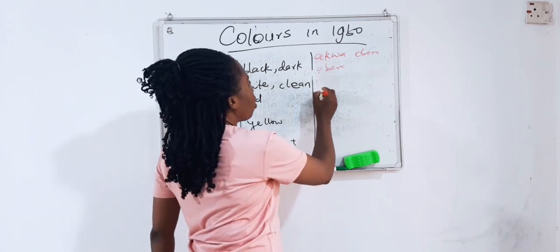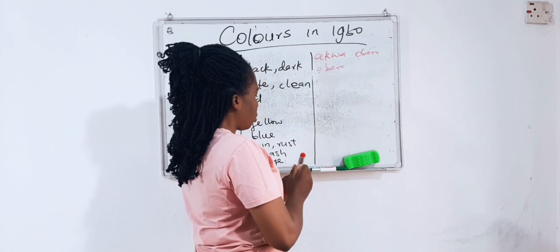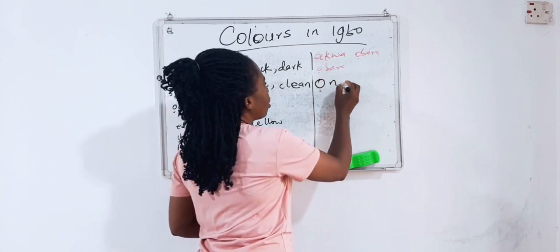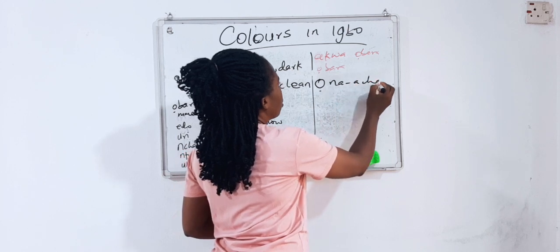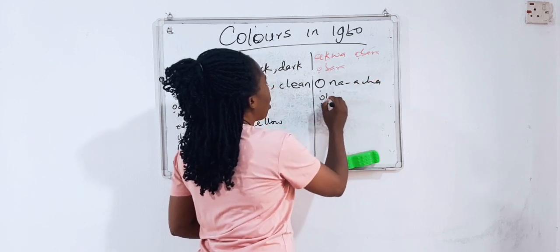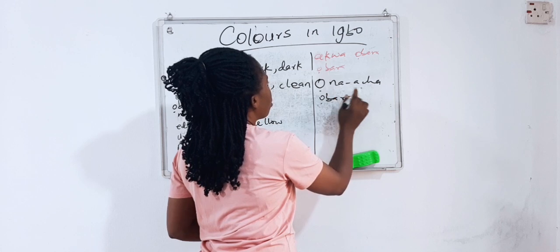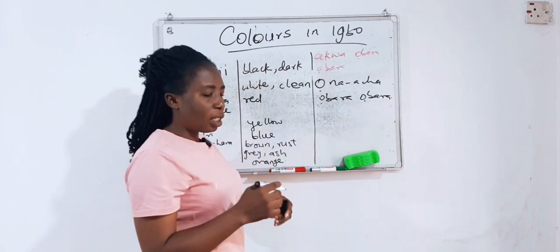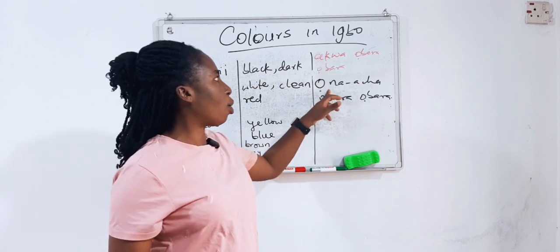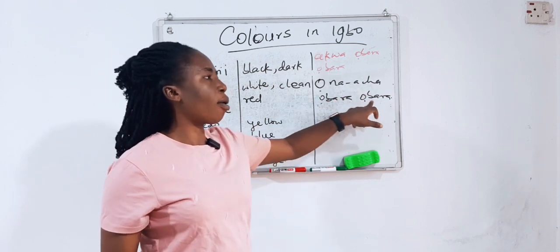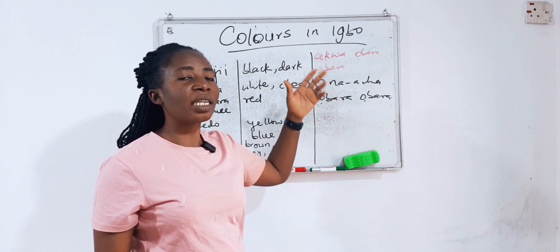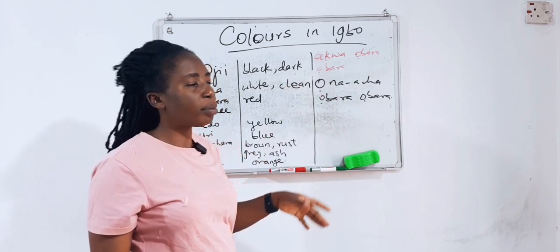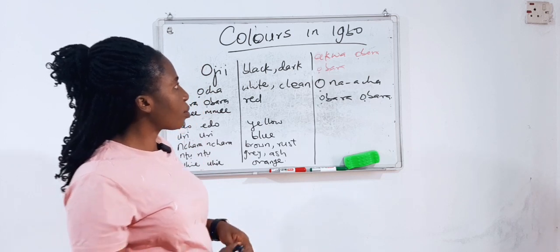Okay, I can say ọ na-acha ọbara ọbara. It is red in color. Okay.